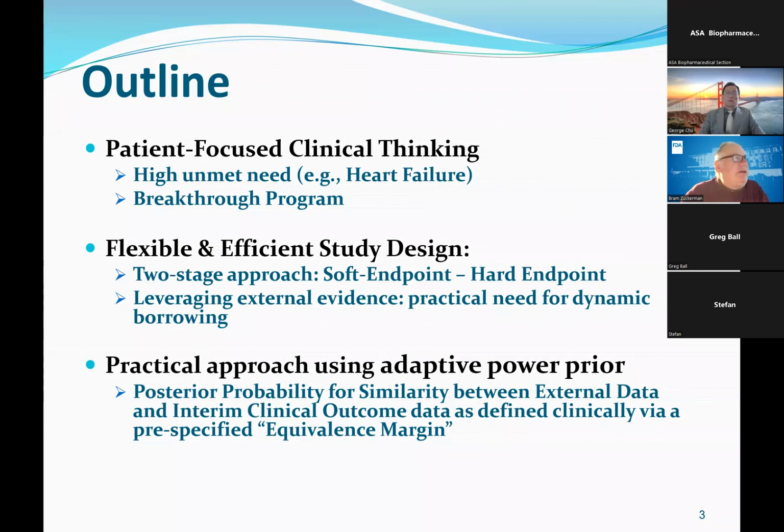The good news about the Breakthrough Devices Program is that it allows for a very flexible clinical trials approach. This flexibility includes the possibility of using a two-stage approach, a seamless clinical trial approach, where initially a device may be approved based on intermediate endpoints.